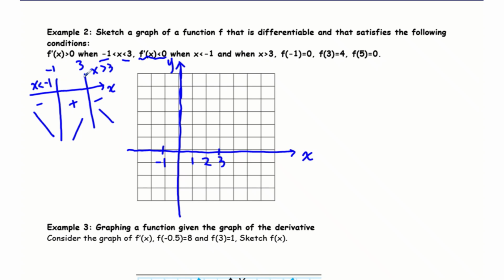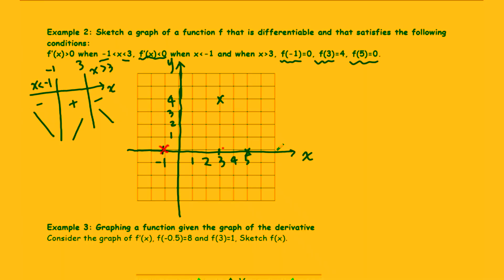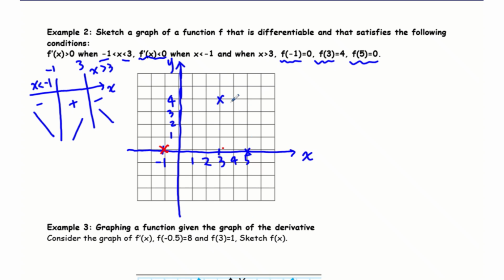From f prime, we don't know the function values of f, so they need to be given separately. f at negative 1 equals 0, so we have several points given. The value of f at 3 is 4, so 1, 2, 3, 4. And f at 5 is 0. So these are the 3 given points.